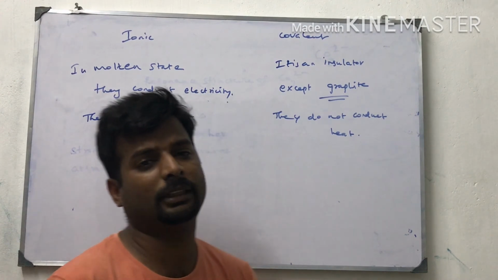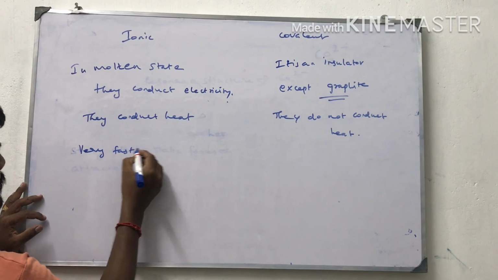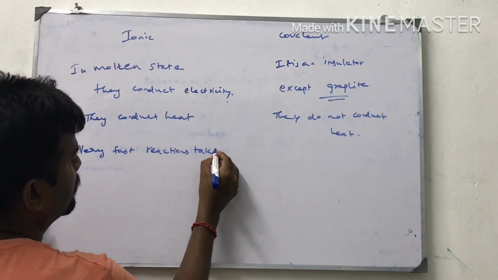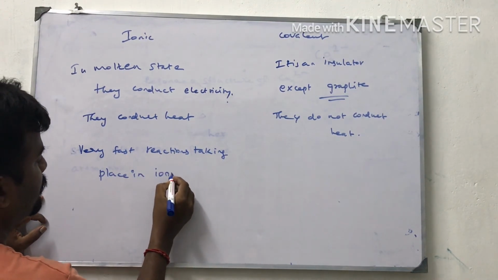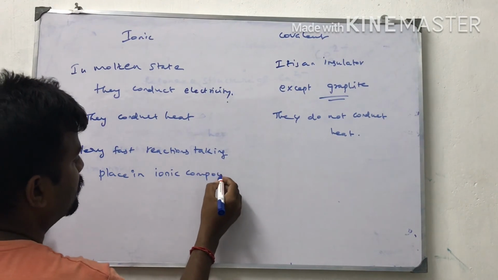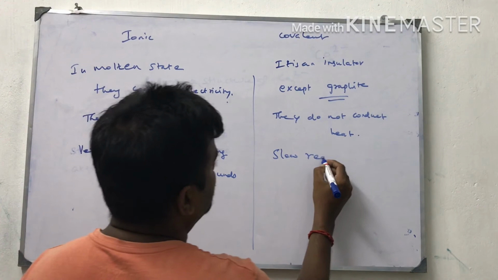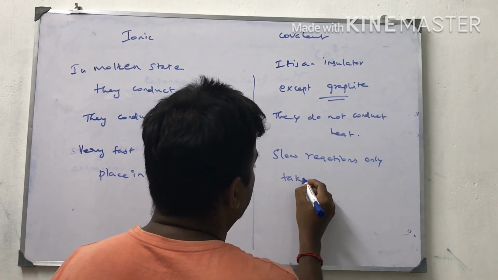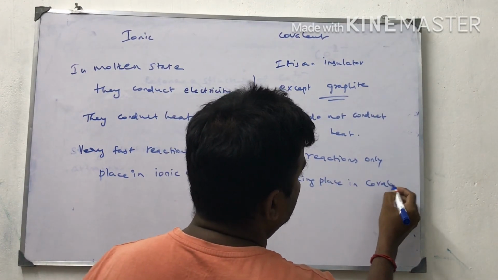This type of very fast reaction takes place in ionic compounds. Slow reactions only take place in covalent compounds.